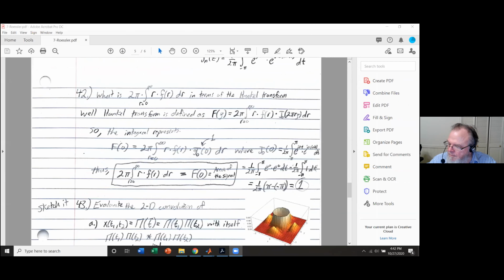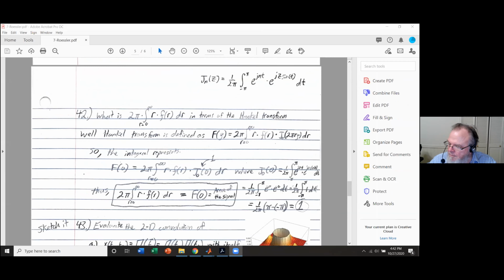Yeah, so it's just the Hankel function evaluated at, instead of f of rho, it's f of 0. We have to figure out what J0 of 0 is, and I've expressed it over here on the right and found J0 of 0 is 1, so therefore that expression is just equal to F of 0, which is the area of the signal.